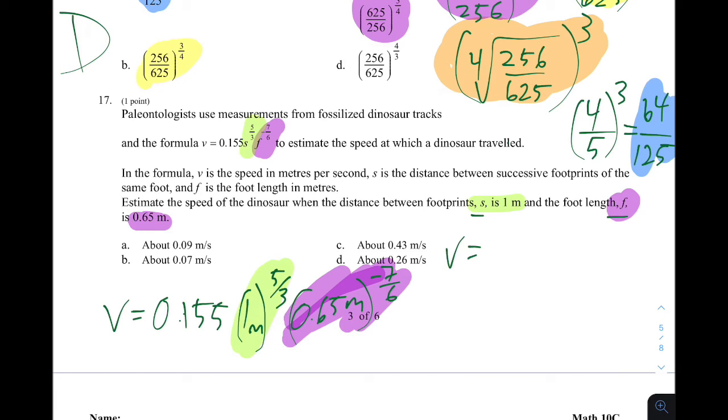So I can say V is equal to, 1 to the power of anything is 1. So I have my 0.155 there, times 1. That's this guy taken care of. And F is 0.65 to the -7/6. 0.65 to the power of negative 7/6 is 1.65, etc. It'll be a big mess.